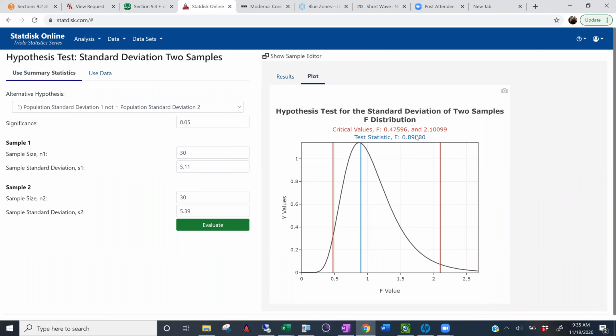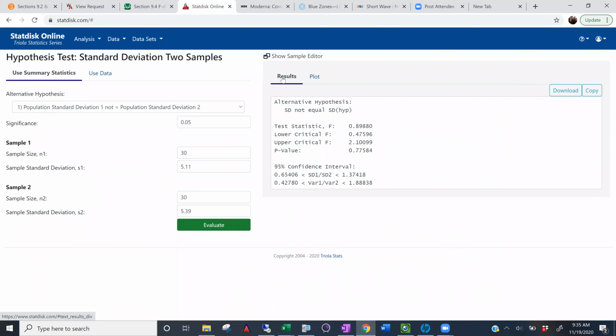And you can see that we're inside the critical values so that you'd fail to reject H naught. But that's not how we've been doing our hypothesis test. How have we been doing our hypothesis test? How would you make your conclusion based on this? The p-value? Yeah, your p-value.